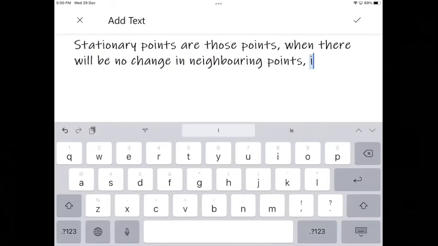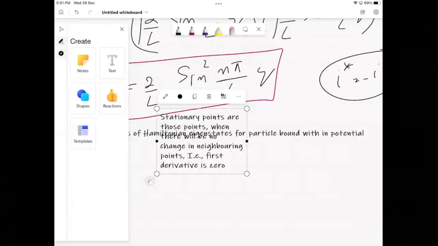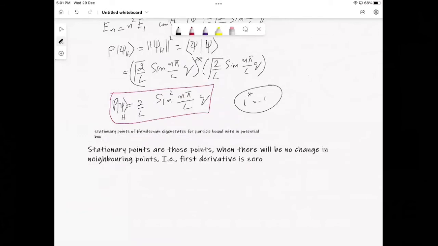Is that first derivative is 0. Okay, so stationary point के लिए we know that the first derivative will be 0. Okay, so if q naught is stationary point, the stationary points are those points when there will be no change in the neighborhood point, is that the first derivative is 0. Okay, so it means we may find the stationary point.